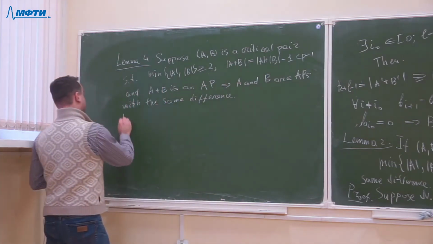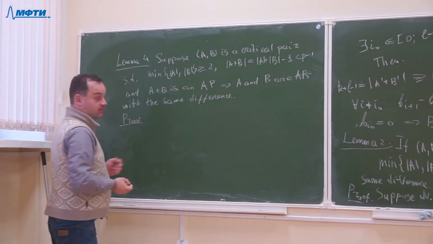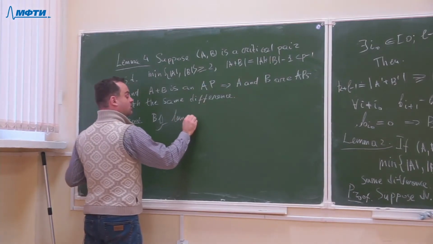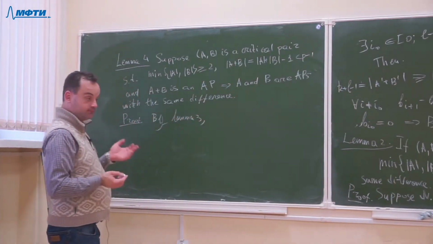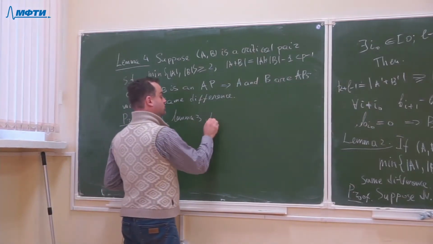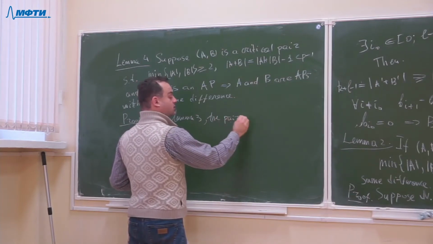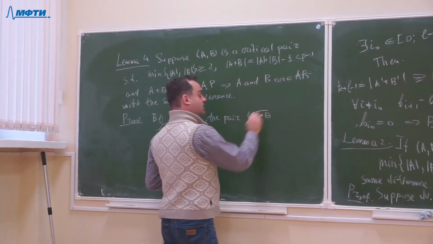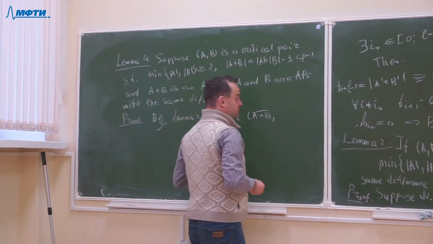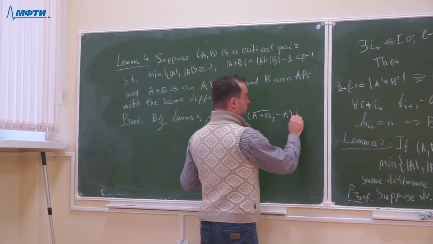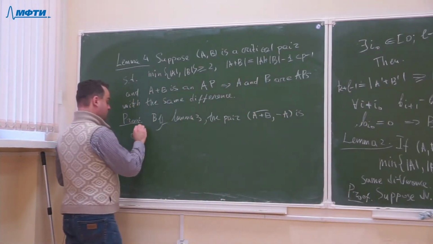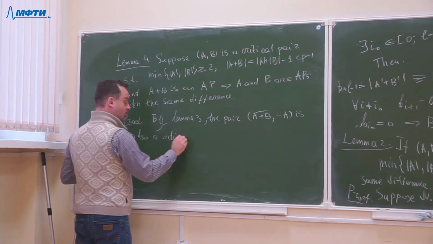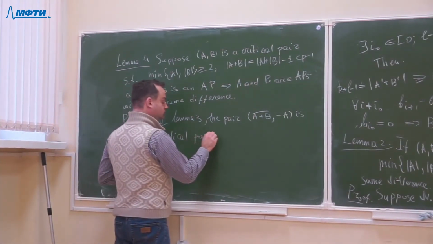Let's show this. Well, by lemma 3, the pair D minus A, where D is the complement of A plus B, is also a critical pair, right?